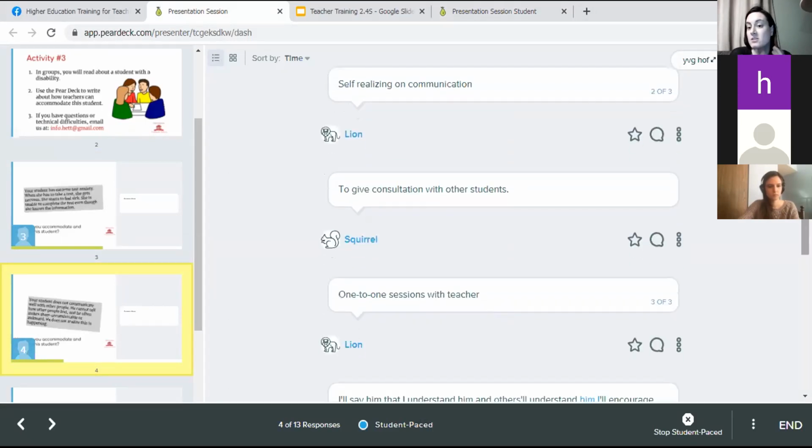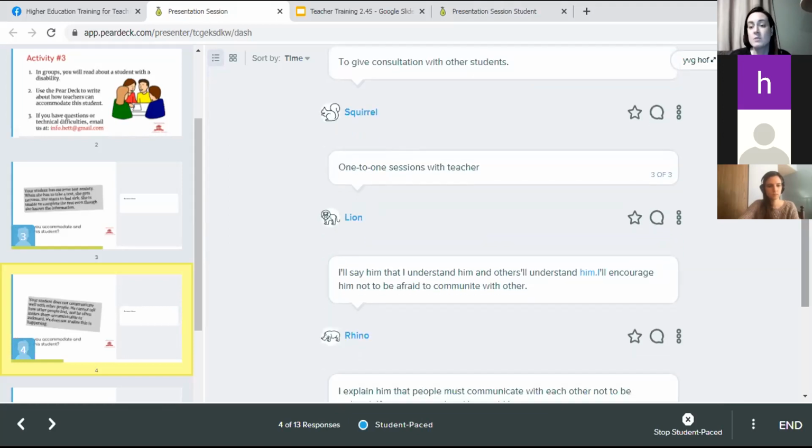Good, so you might want to talk to the other students about it so they understand. This would probably be someone who is on the autism spectrum, who is autistic or has autism. They struggle with communication. So maybe if the other students know, that might be useful.